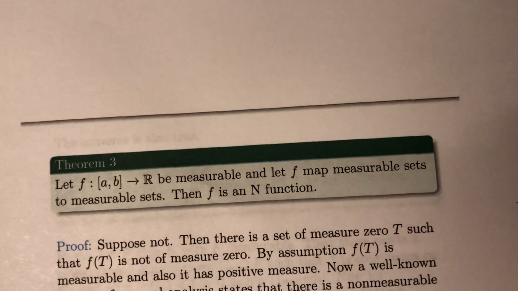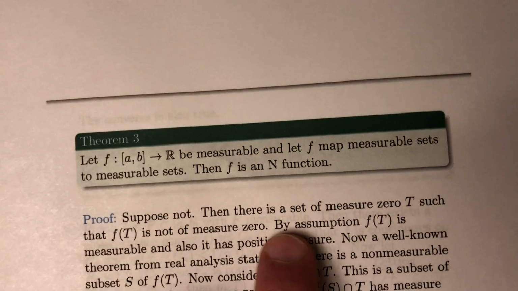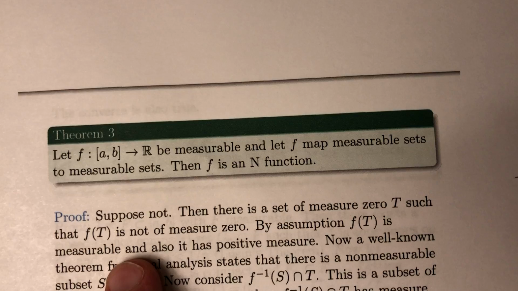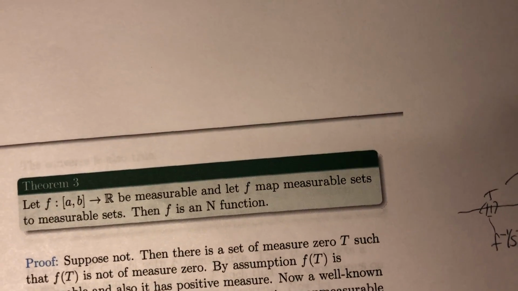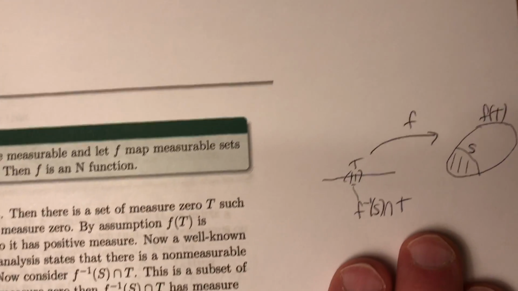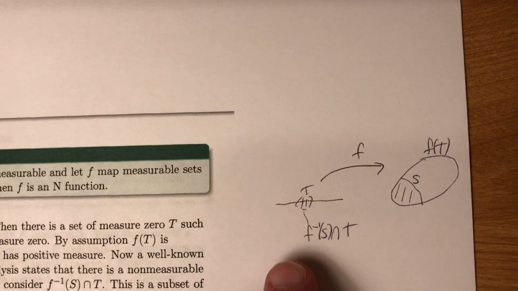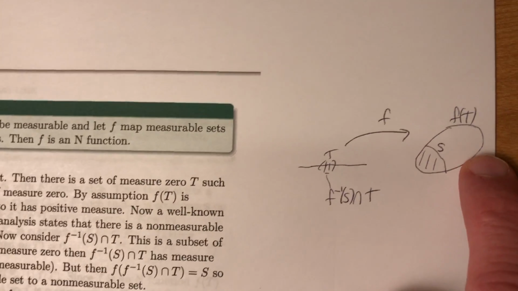Here's a way to prove that. Suppose it's not true, so that there's a set T of measure 0 such that f(T) is not of measure 0. I drew a little picture here. These were all in just R^1, but you can think of it this way: f maps this tiny set to this big set over here.